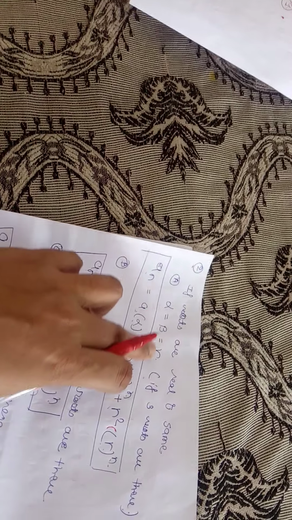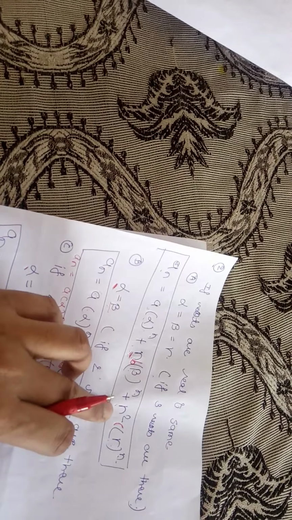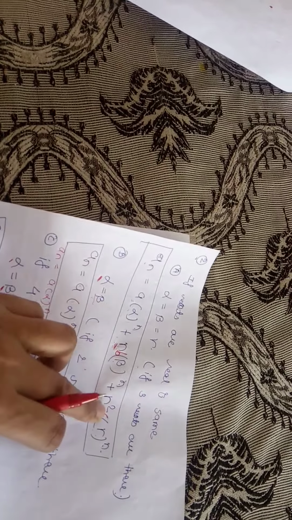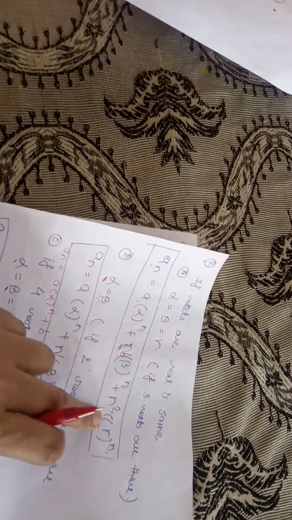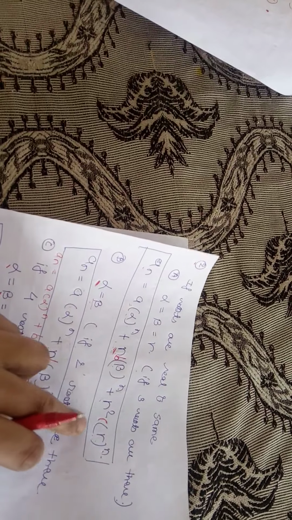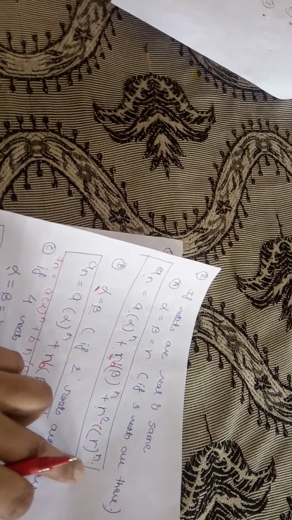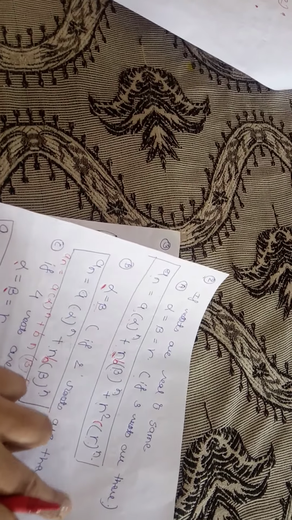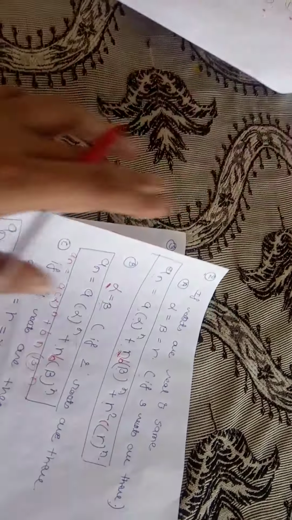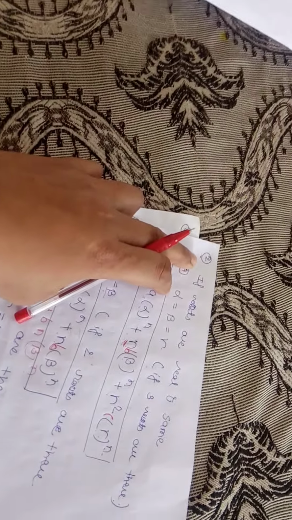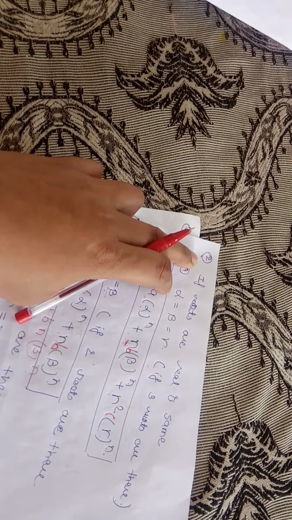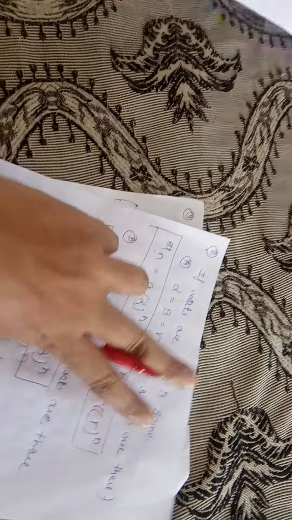For the second value onwards, we have to multiply by the n factor. That means first n, then n square for the third value, n cube for the fourth value, n to the power 4 for the fifth value, and so on. Fine. I think you understand the second type of root, that is if roots are real and the same.